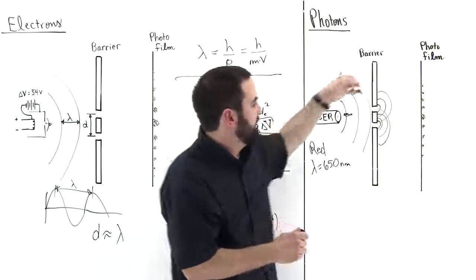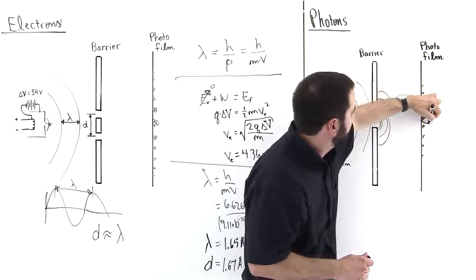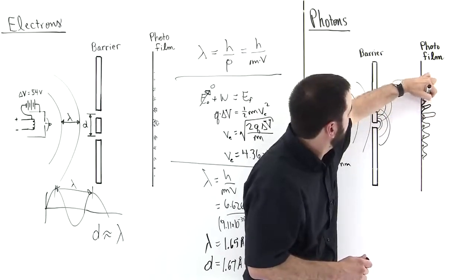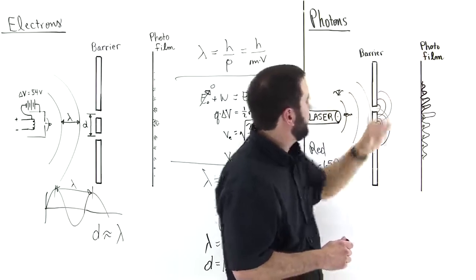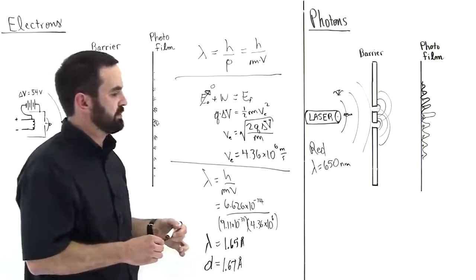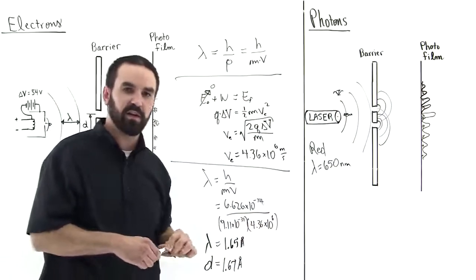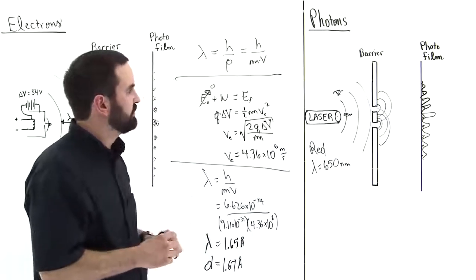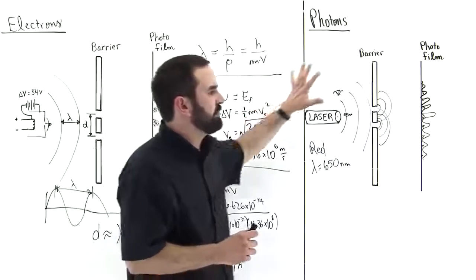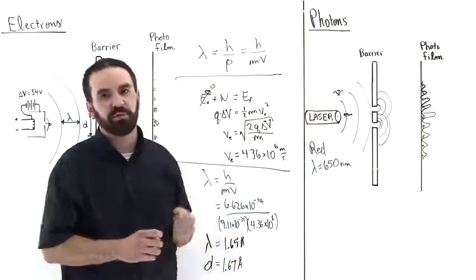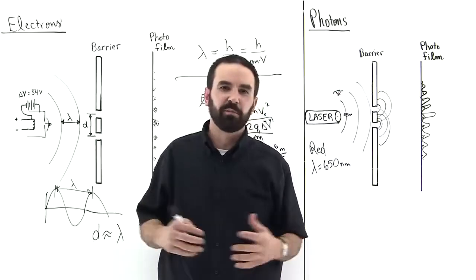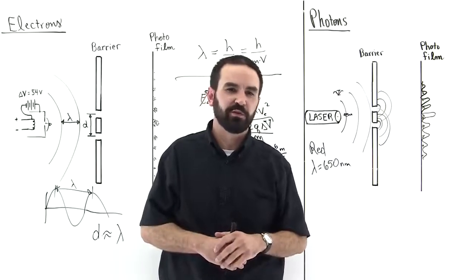And as before, we see the standard interference pattern that we've seen in previous thought experiments that we did in intro part 1 and intro part 2. So we see that the quantum theory is perfectly capable of describing photons. It's also capable of describing electrons and any given particle in nature that we've discovered so far.